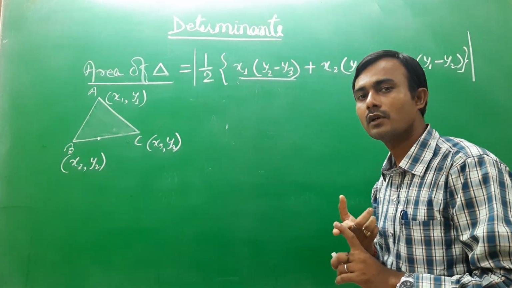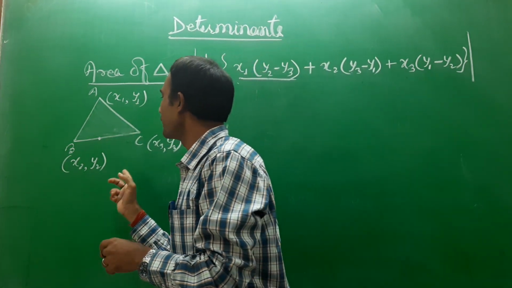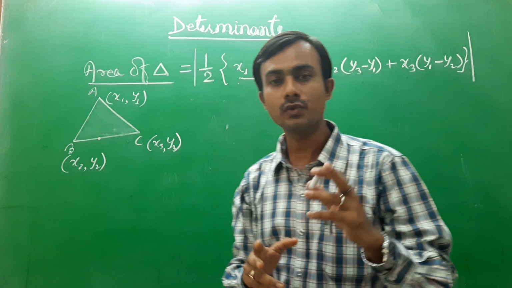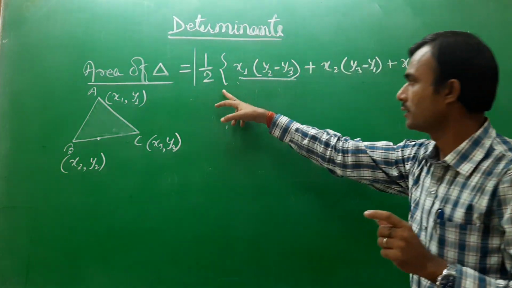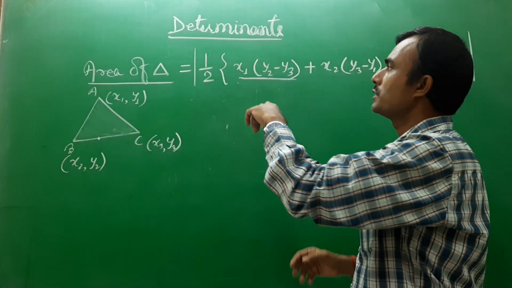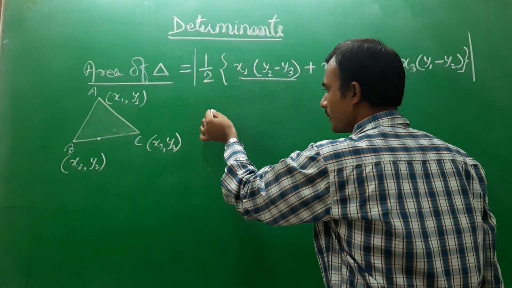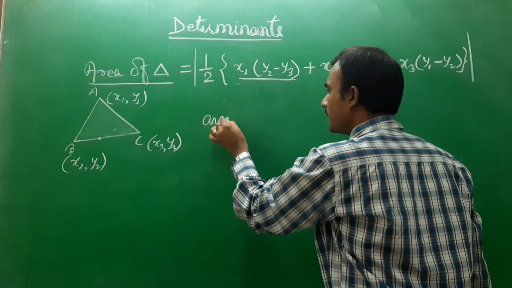So if all three vertices are given, we can find the area of the triangle using coordinate geometry. We have the formula. Now here we are going to use determinants for the same area of a triangle.